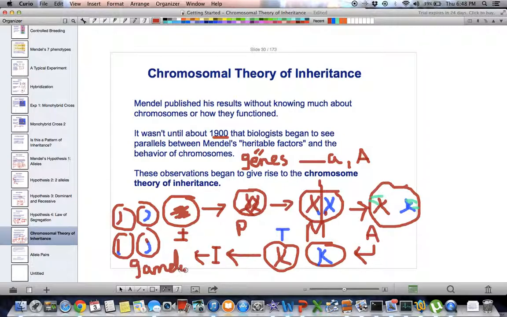So people were trying to wonder, where are the alleles in all this? Well, the alleles are actually located on the chromosomes. This A can be here, this A can be here. So let's trace it back. This A will stay here, stay here, stay here, and go there. This A can stay here, stay here, stay here, and then go there. So big A, little a will be here.